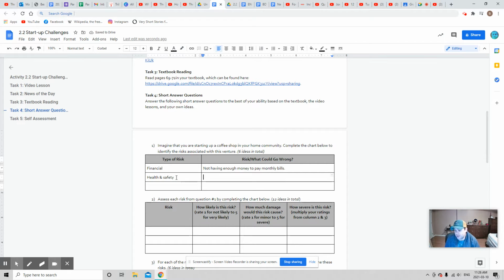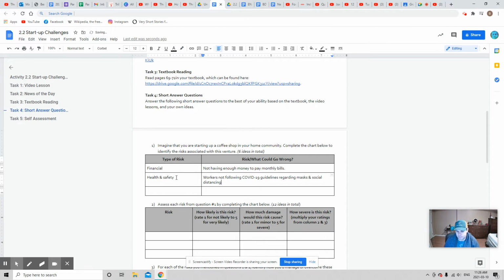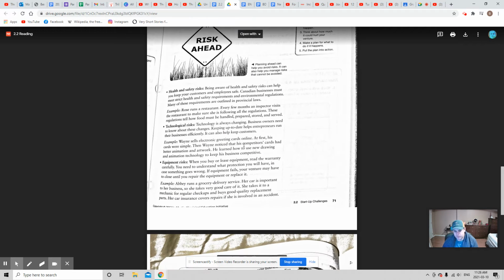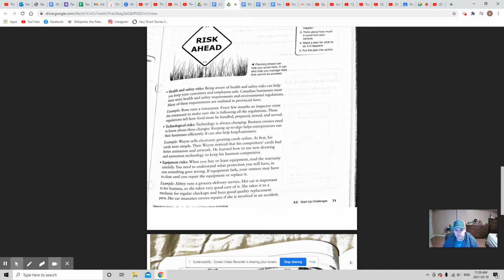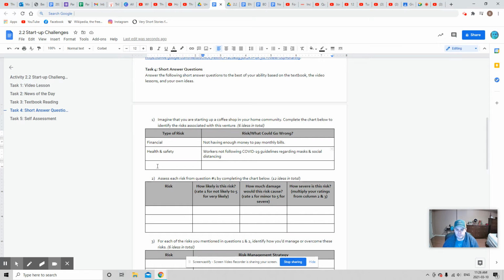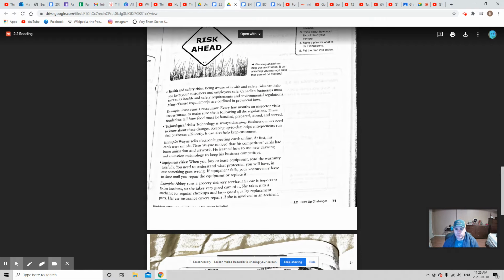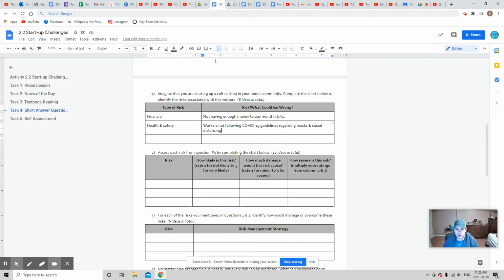And a risk or something that could go wrong is workers not following COVID-19 guidelines. So I just think of or pick another risk. And then let's do intellectual property.